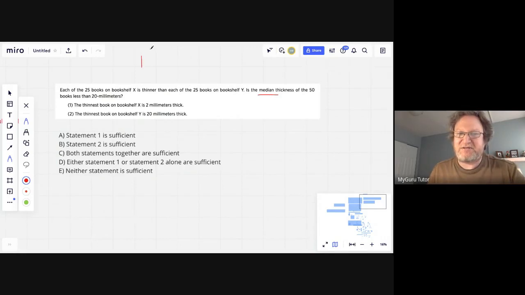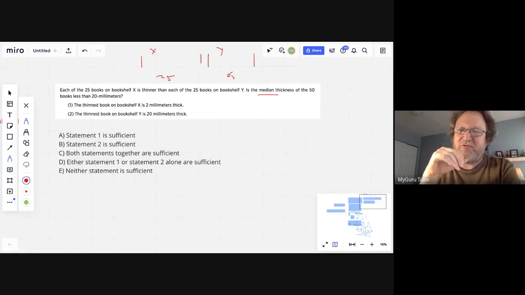We've got shelf X and shelf Y. Let's draw it out in a line like this, because now we've got 25 here and 25 there. The median thickness, what does that mean? It's going to be the middle number, right?